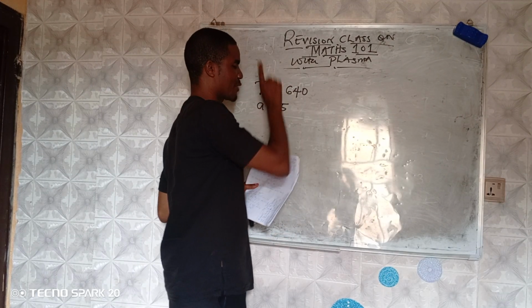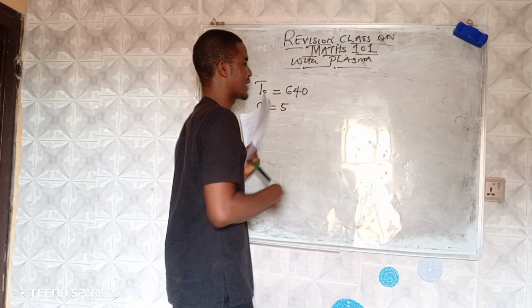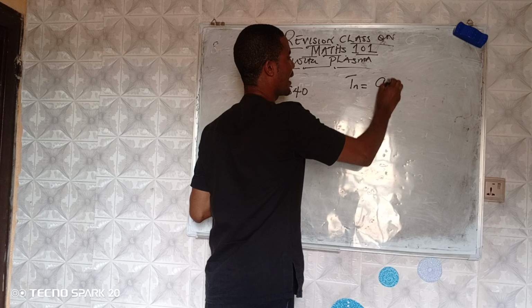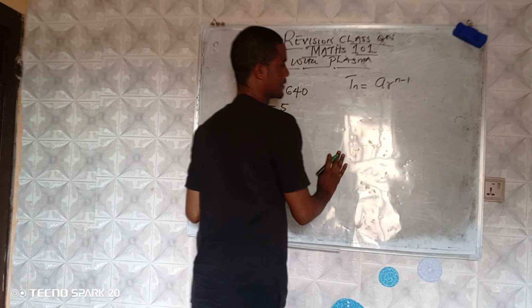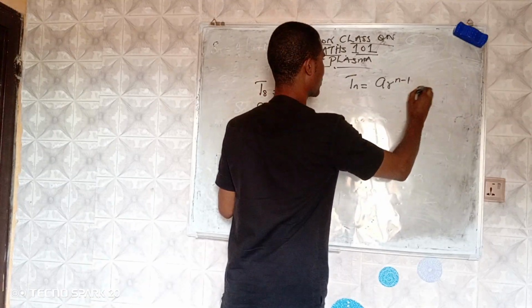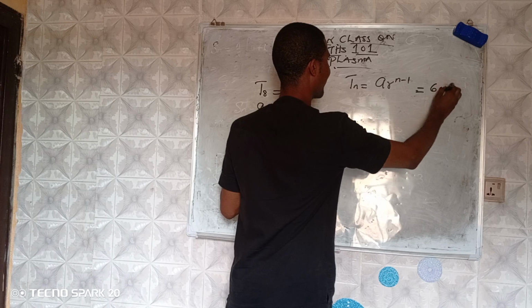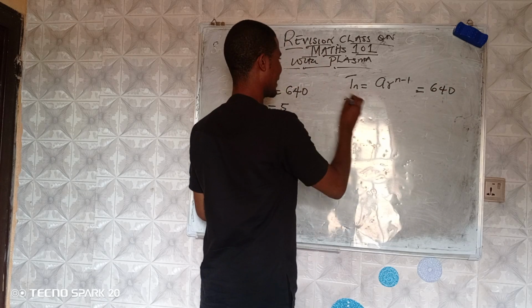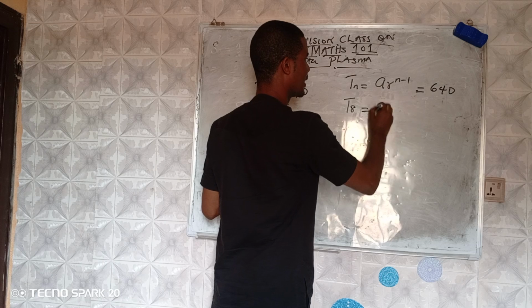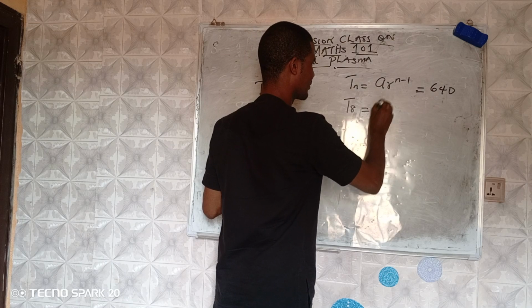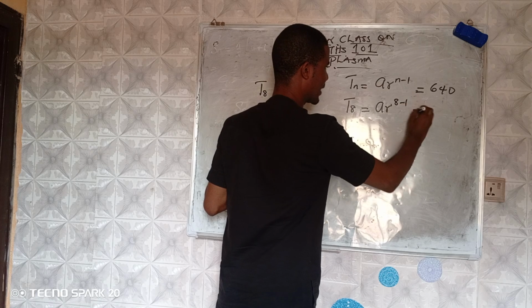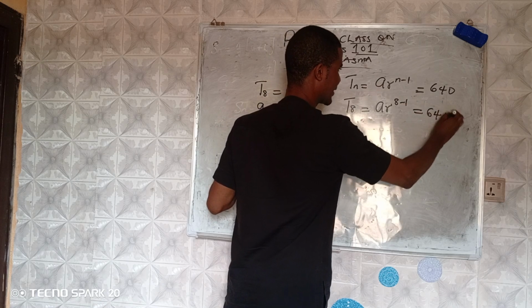So remember the way we expressed that for AP, we are going to do that here. So Tn is ar^(n-1). T8 is ar^(8-1), which is equal to 640.